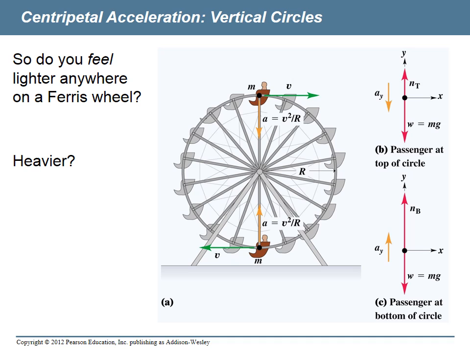So at the top, he has a weight down, and he must be accelerated down, which works out nicely because weight is down. Well, at the bottom, he has a weight that's down, because weight is always down, but he needs an acceleration upwards, right? So there's a weight pulling him down, but somehow he needs to be accelerated upwards.